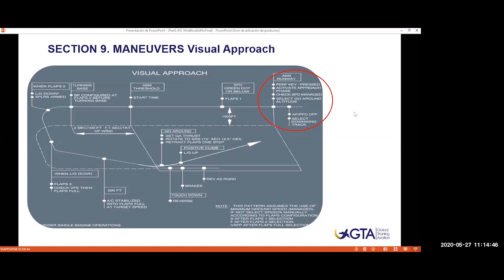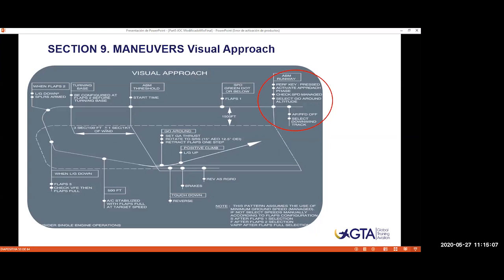Before entering the downwind track, you have to turn the autopilot off. The Airbus profiles tell you step by step what you have to do. Autopilot off, select downwind track. Then later on, you have to activate the approach.